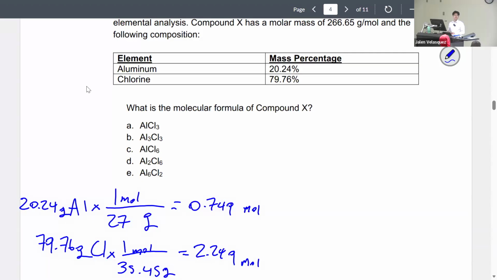Okay, everybody good so far? Okay, so we converted everything into moles now, and what's our next step from here? Good, so you're going to divide by the smallest number, by the smallest amount of moles. So hopefully we all agree that 0.749 is smaller than this 2.2, right? So we're going to divide everything by 0.749.